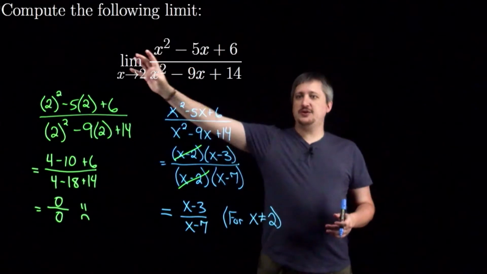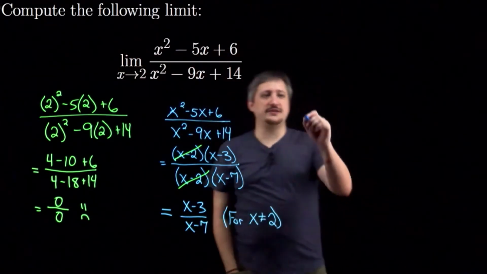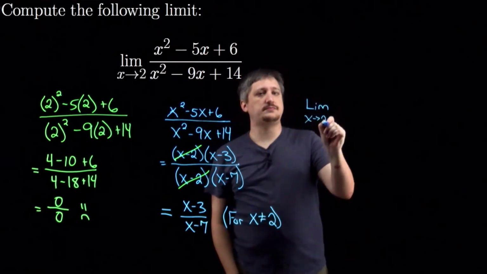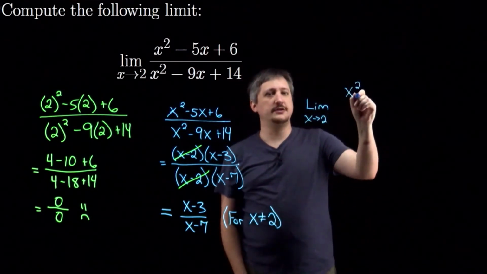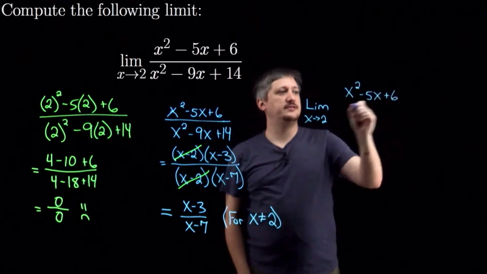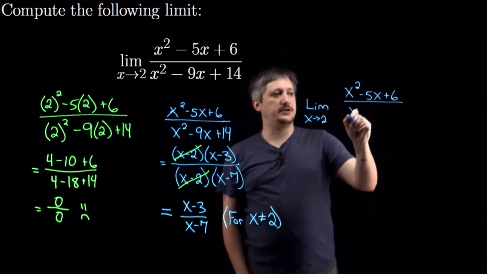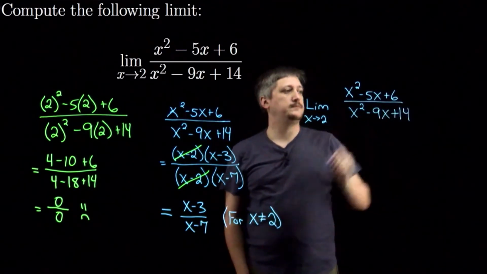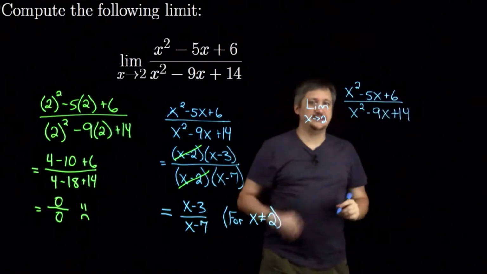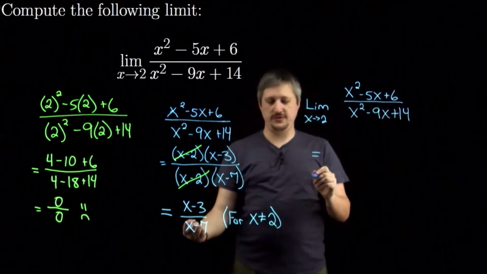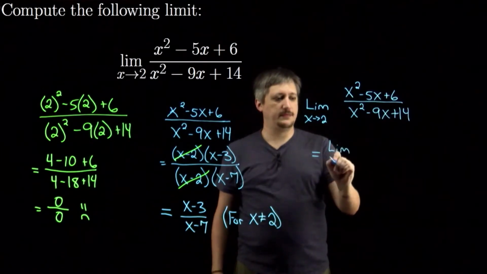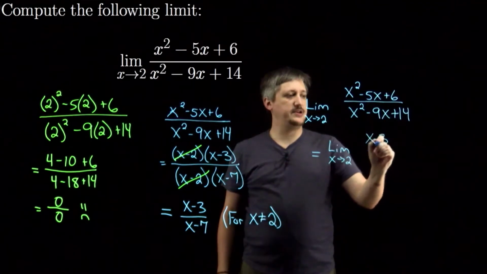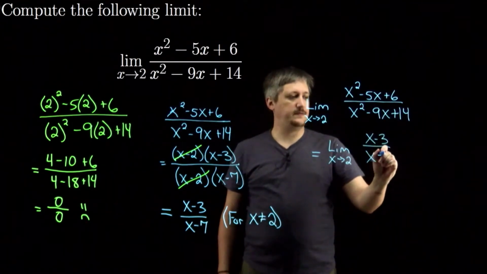So from a limit standpoint, if I look at the limit as x goes to 2 of x squared minus 5x plus 6 over x squared minus 9x plus 14, then the limit is indeed equal to the limit as x approaches 2 of x minus 3 over x minus 7.